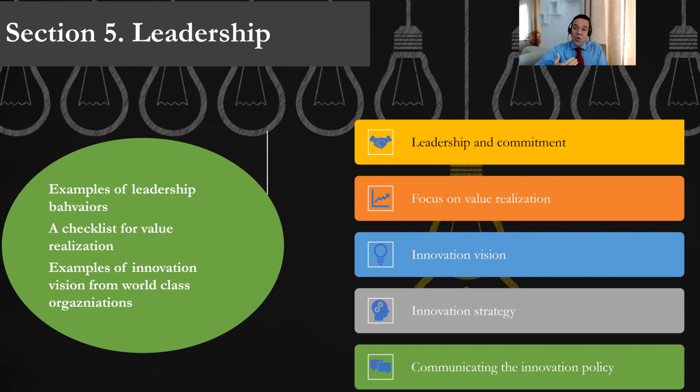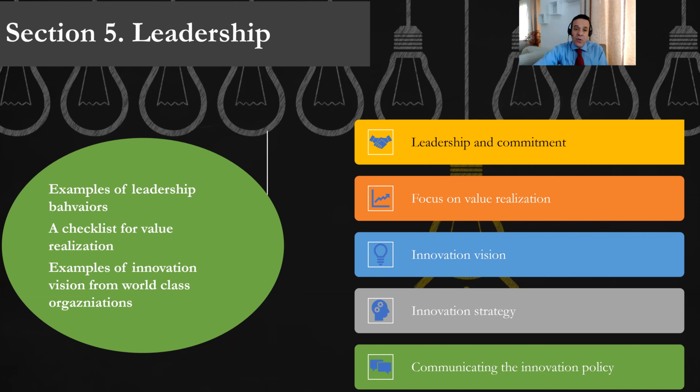Data-driven and fact-oriented decision making. Is your leadership using data and facts to make decisions so they are able to understand how innovation can affect the future? Do they value teamwork? Do they value diversity? And are they experts in what they are doing? So these are some examples of what we call leadership behavior that create or enhance the innovation management system.